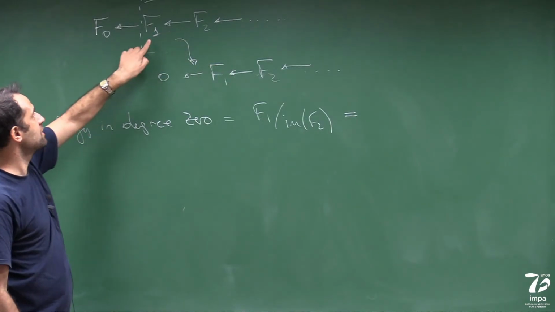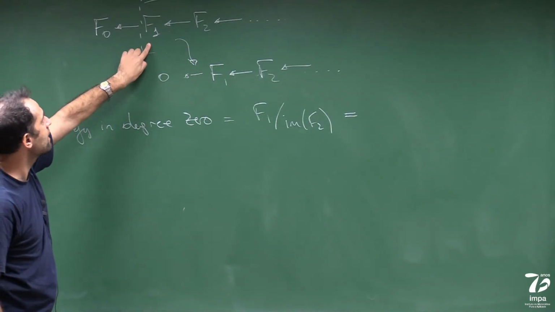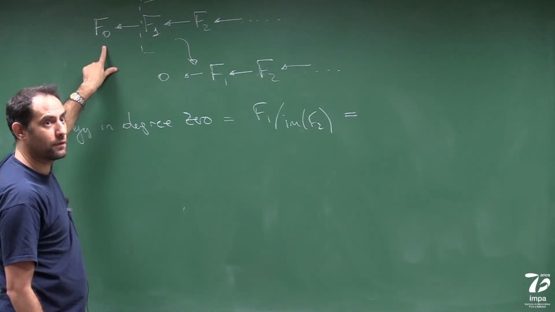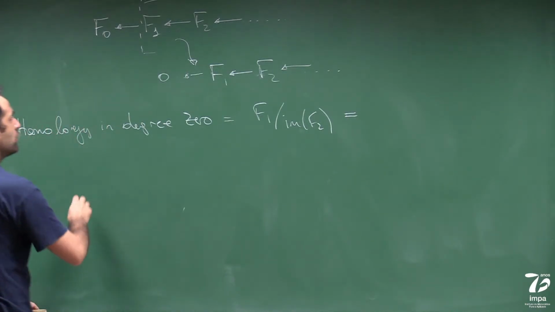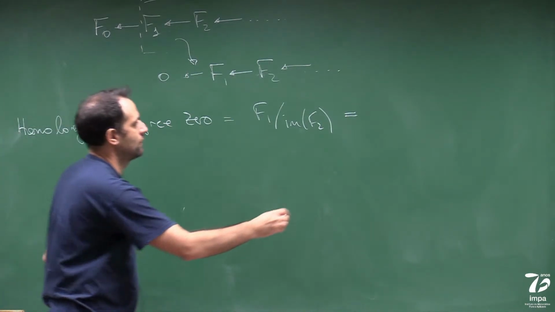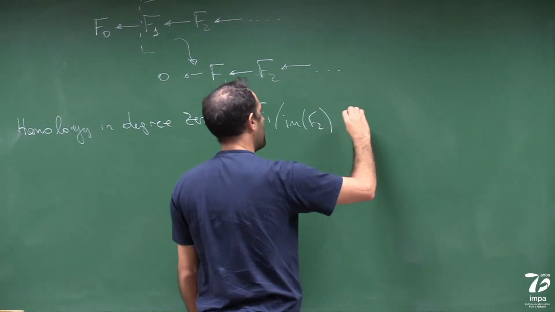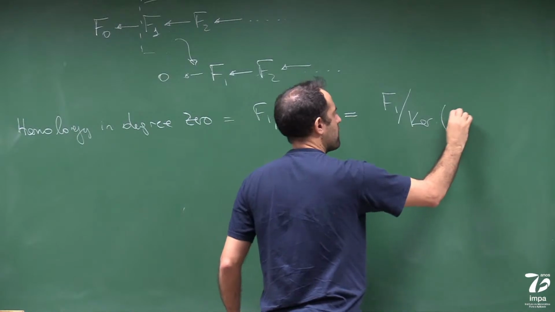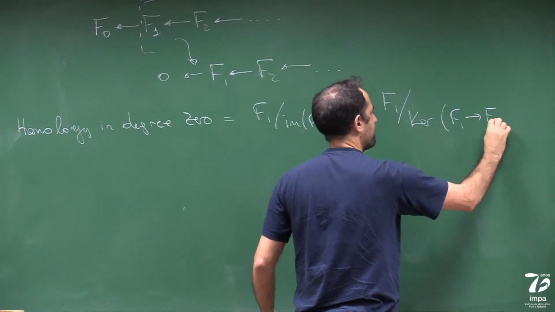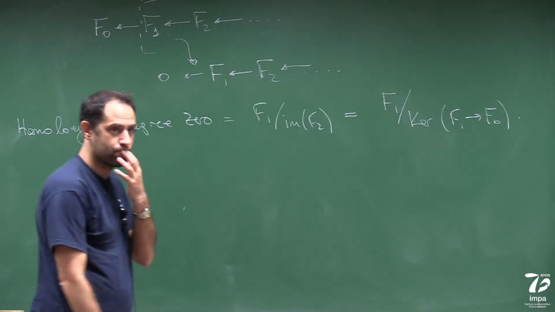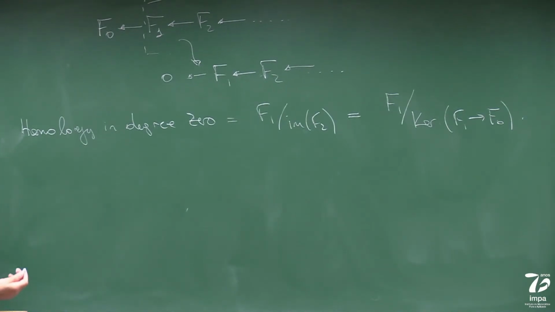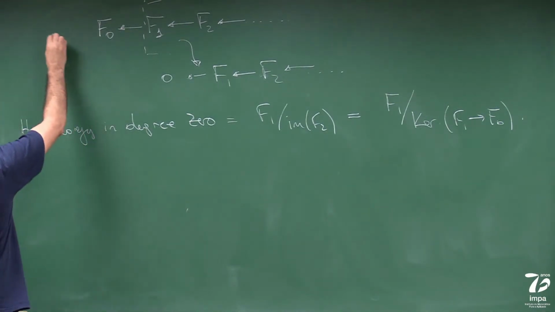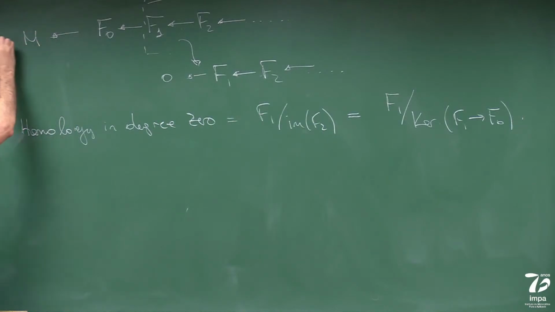F1 divided by the image of this guy here is the same thing as, well, let's look at the kernel of F1. Okay? So how do I identify this kernel? So this is F1 divided by the kernel from F1 to F0. And then again, since the whole thing was exact, this was a resolution of M.